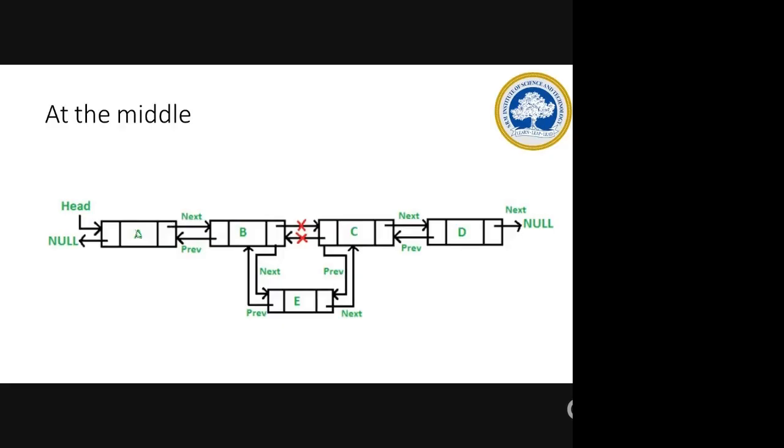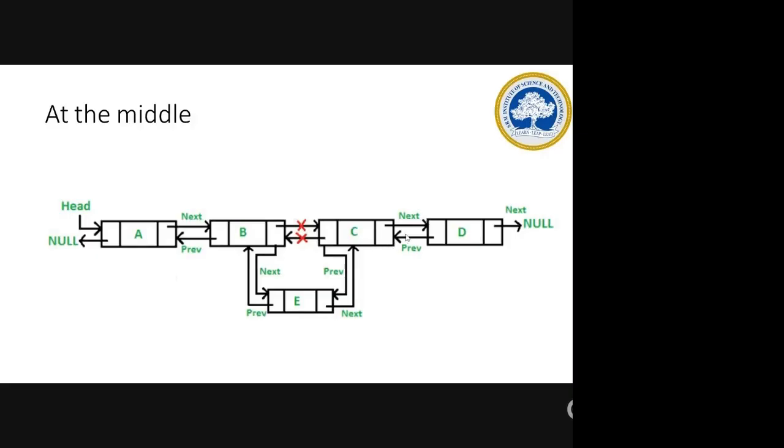If not, I will assign this A to the previous pointer and move the current pointer to B, my next node. Now I will check whether this is the location. If not, again I will move the current pointer to this location and this will become my previous pointer. When this pointer moves over here, C will take the previous pointer and D will take the current pointer.